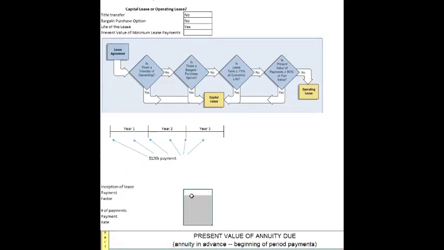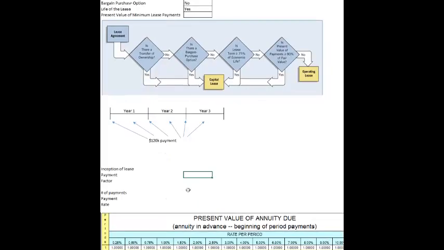Alright, so the way we do that, cheating here, you see the answer already, but thinking way back to our discussions on bonds and other long-term notes payable and receivables, we're going to use the factors, the tables. You can use a financial calculator, but I'm going to use the tables again because the CPA exam uses the tables.